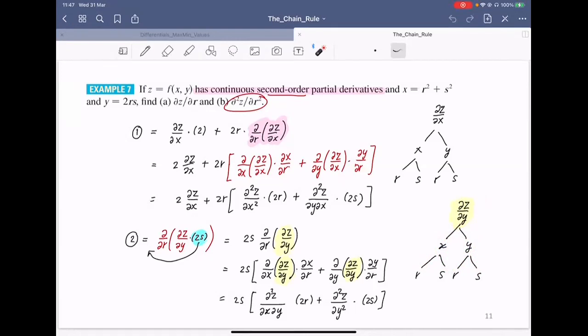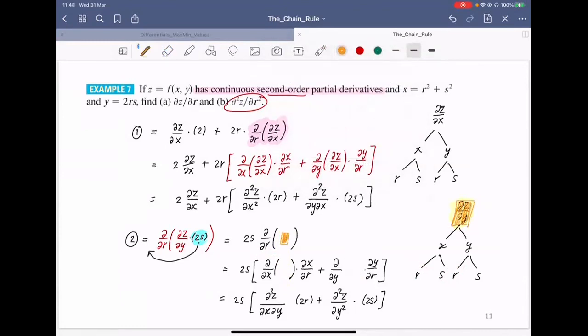You can see the thing that I highlight in yellow here, this is inside the parentheses. If I want to differentiate the yellow thing with respect to r, this is on the top level and r is on the bottom level. You can view this as a yellow thing first, I don't care what it is.